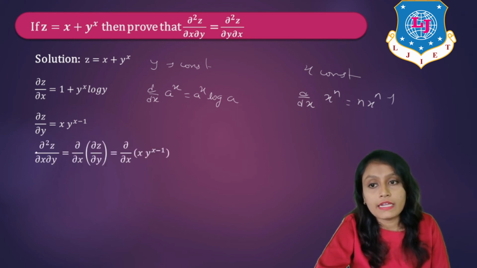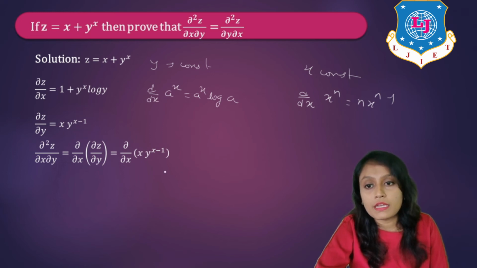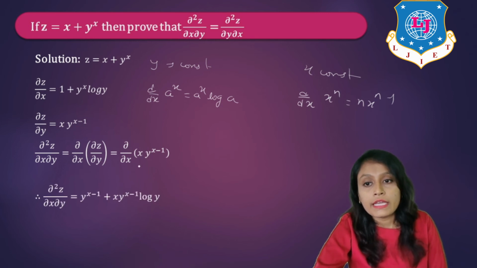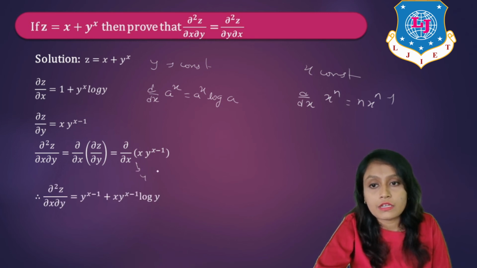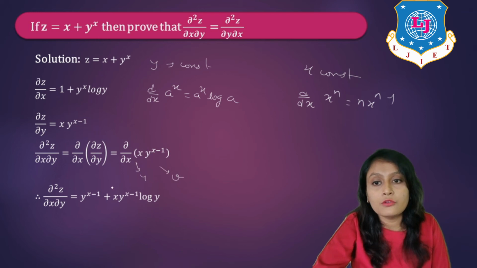Next, we will find del square z by del x del y, that is del by del x of del z by del y. Okay, so del z by del y is x into y raised to x minus 1. Now we have to take derivative of this term with respect to x. Consider this term as u and this as v and apply the uv rule.